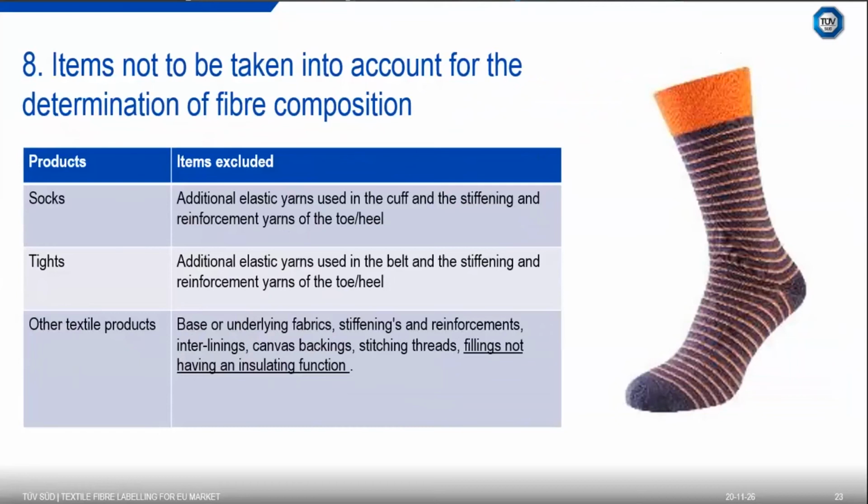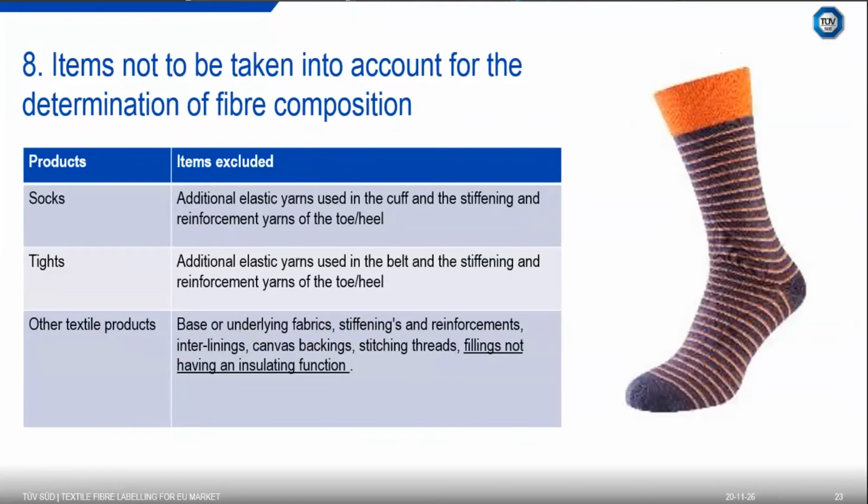And if we use certain stiffening and reinforcement yarn in the heel and toe area of socks or tights, that is also excluded. But we need to remember that only the reinforcement yarn used in the toe and heel area is excluded, but heel and toe are not at all excluded. Other fibers, other yarns, have to be disclosed.